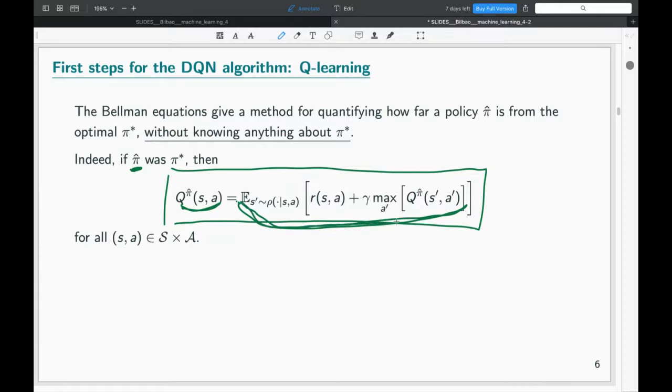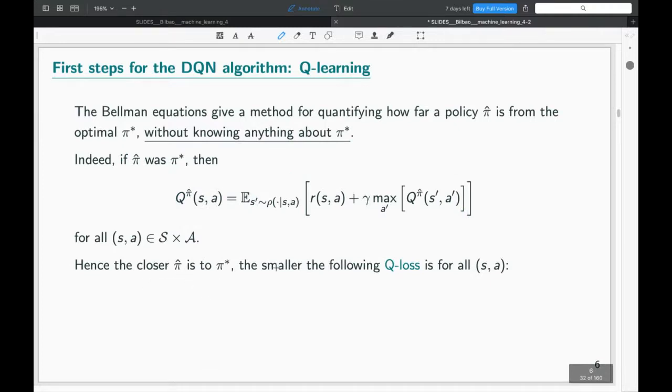because we are just trying to find the optimal policy, we haven't found it yet. So this thing and this thing will not always be the same. So the difference, how far these two values are, allows us to quantify how far our policy is from the optimal one.